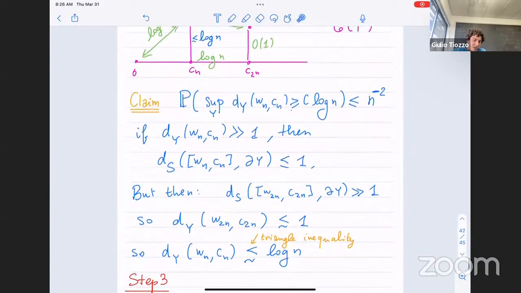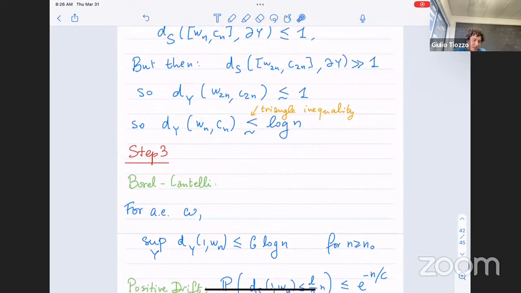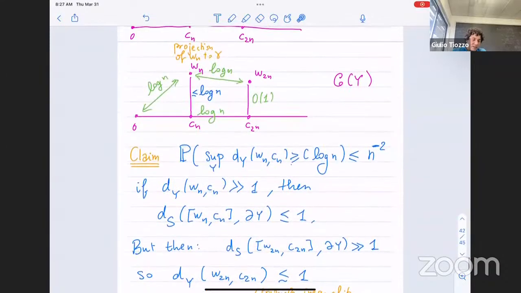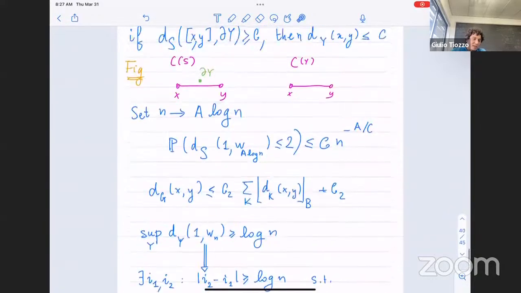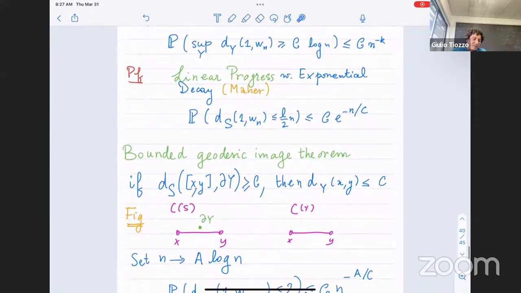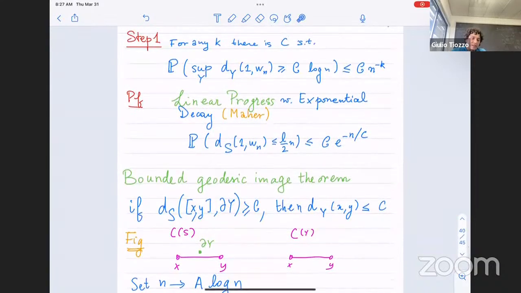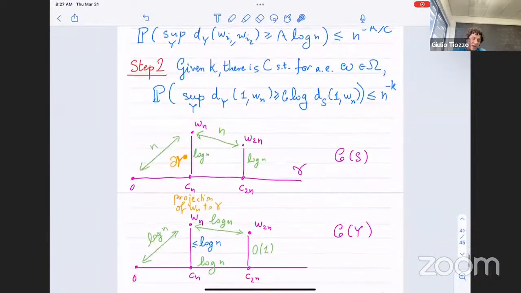So this one just follows from step one, in fact, because here we had a comparison between the progress between 1 and Wn and log n, and here we have a comparison between the log of the progress in Y and just the distance between 1 and Wn.